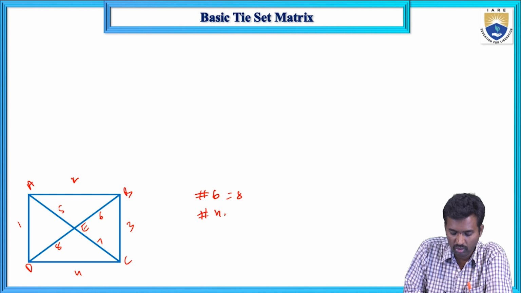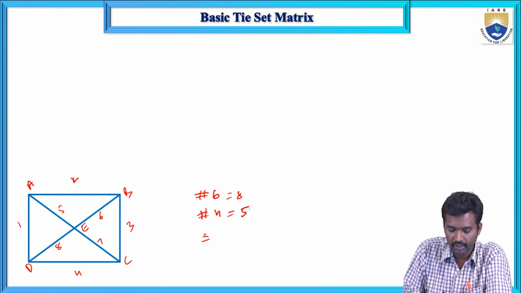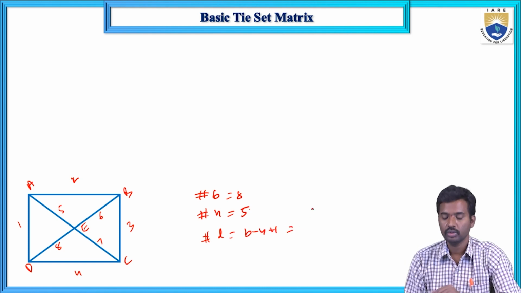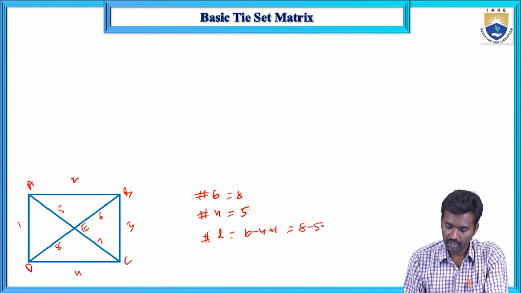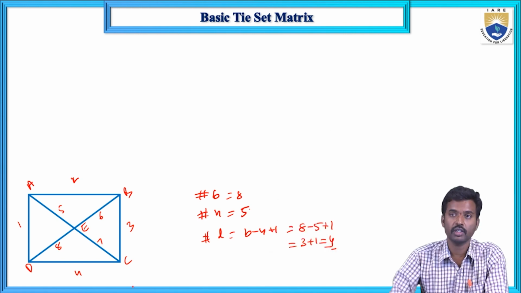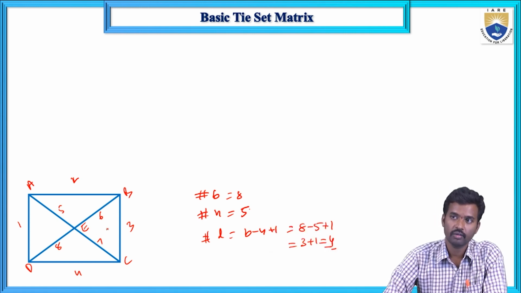Total number of nodes is 5 and total number of links is B minus n plus 1, that equals 8 minus 5 plus 1, that equals 3 plus 1 equals 4 links for this particular graph.